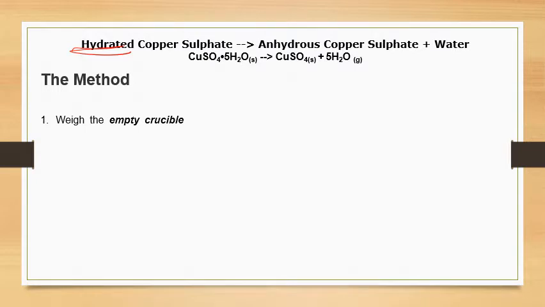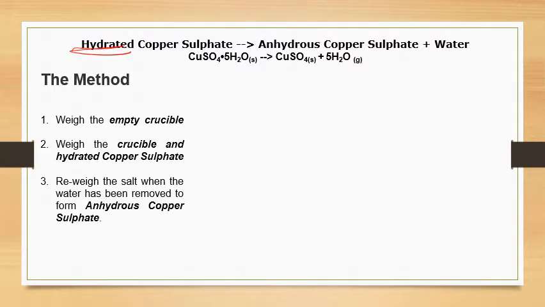So you weigh out the empty crucible. You weigh the crucible and the hydrated copper sulfate, with water. Then you heat it to constant mass, which essentially means you are heating it until the mass remains constant. There's no more water on it, and we're left with the anhydrous copper sulfate.